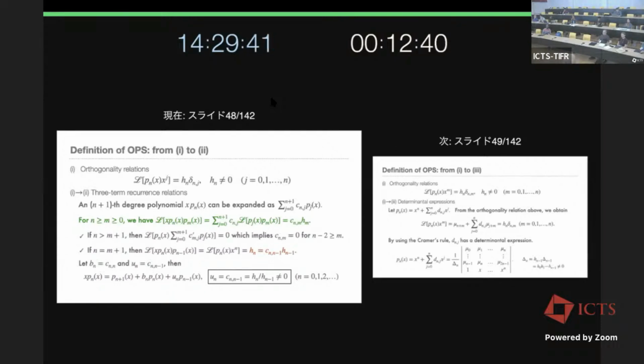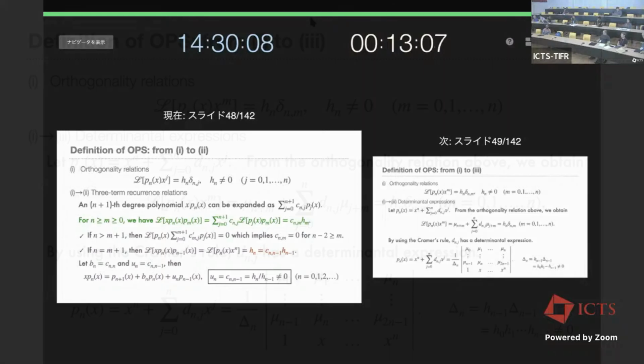Cn,n-1 is this coefficient of the three-term recurrence, and this equation gives us un: the expression of un can be written in terms of a ratio of the non-zero constants Hn. So if Hn is non-zero, this un also should be non-zero.